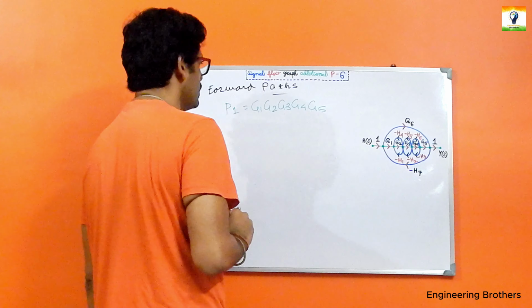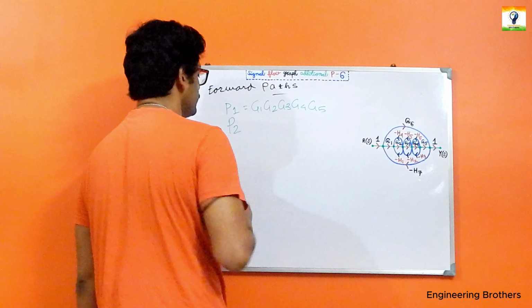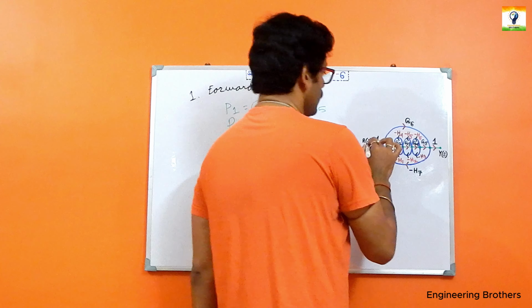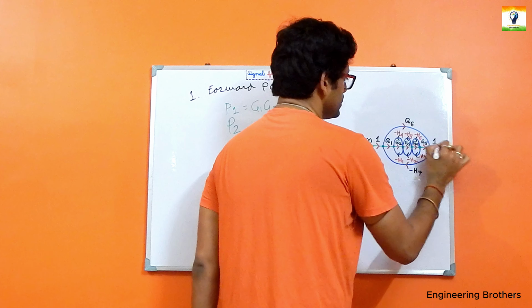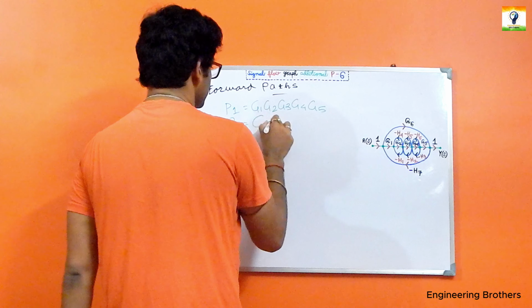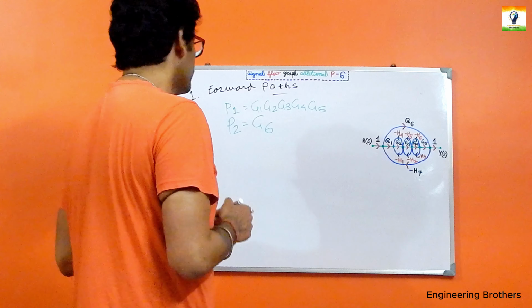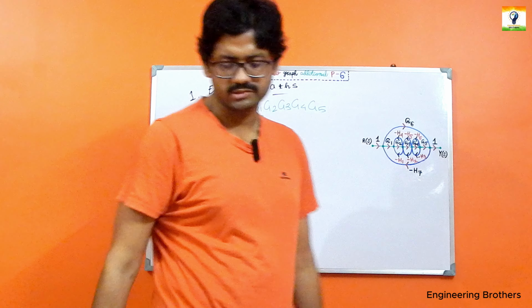This is our first forward path. Our other forward path is 1 multiplied by G6 and 1, which gives us only G6.